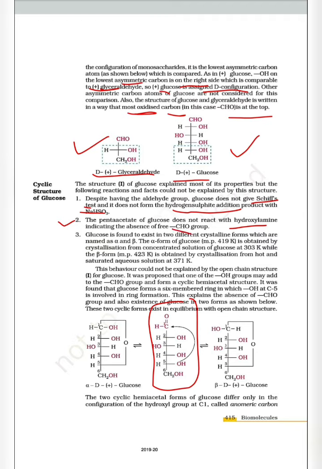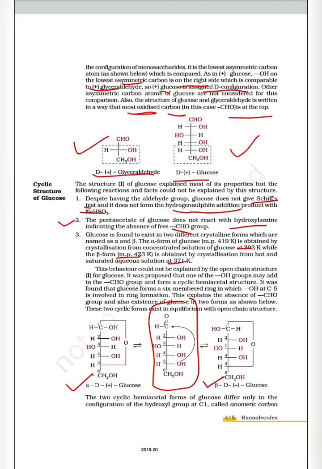Third, glucose is found to exist in two different crystalline forms, which are named as alpha and beta forms. The alpha form of glucose, whose melting point is 419 Kelvin, is obtained by crystallization from concentrated solution of glucose at 303 Kelvin, while the beta form, whose melting point is 423 Kelvin, is obtained by crystallization from hot and saturated aqueous solution of glucose at 371 Kelvin.